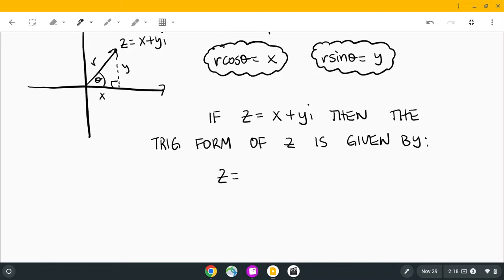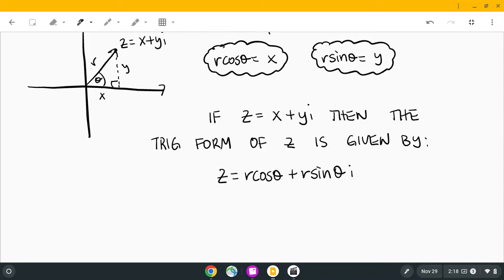So z equals r cosine theta plus i sine theta.